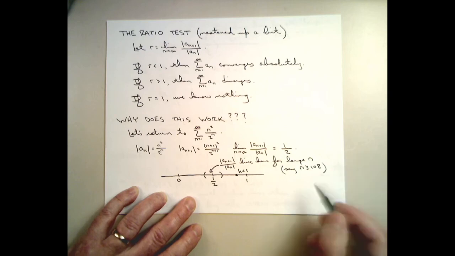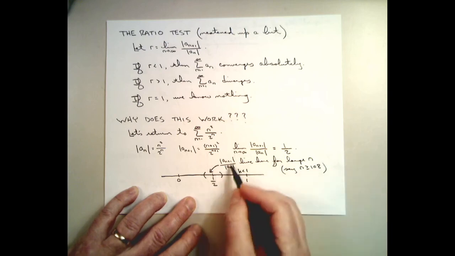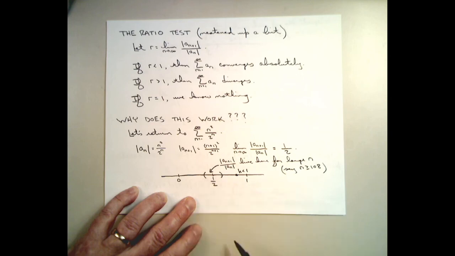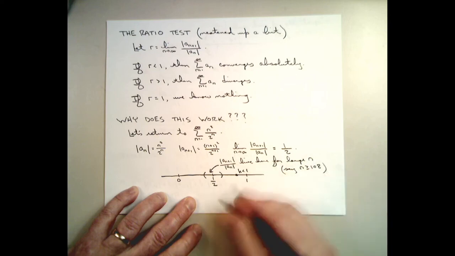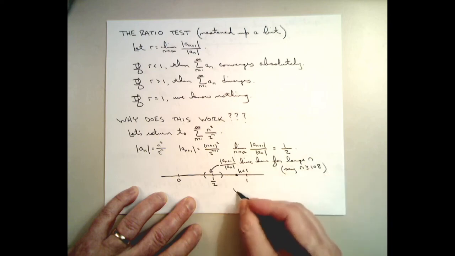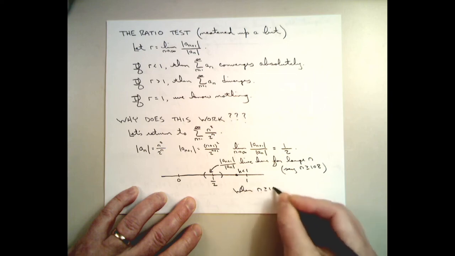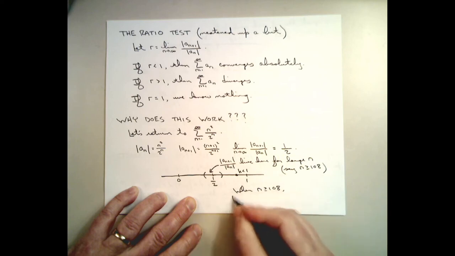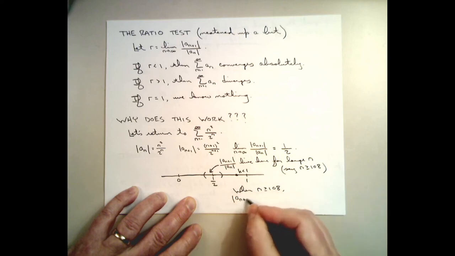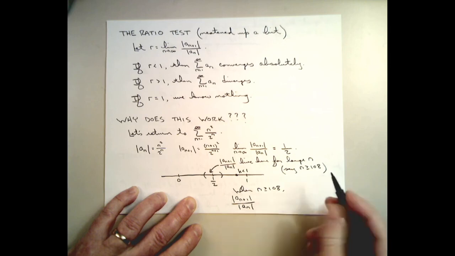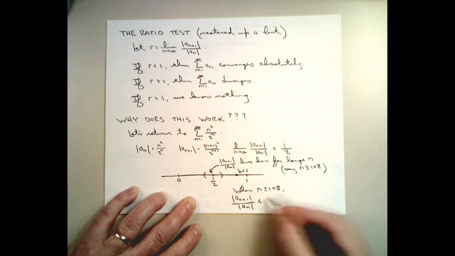So whenever n is at least 108, I can fit all of these ratios inside this interval. What that says is that when n is bigger than or equal to 108, the absolute value of a sub n plus 1 over a sub n is smaller than k.